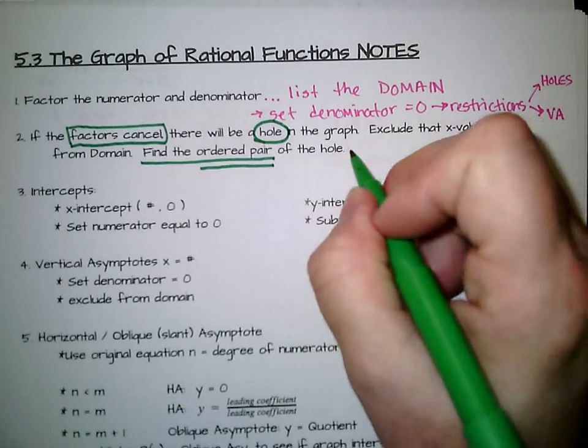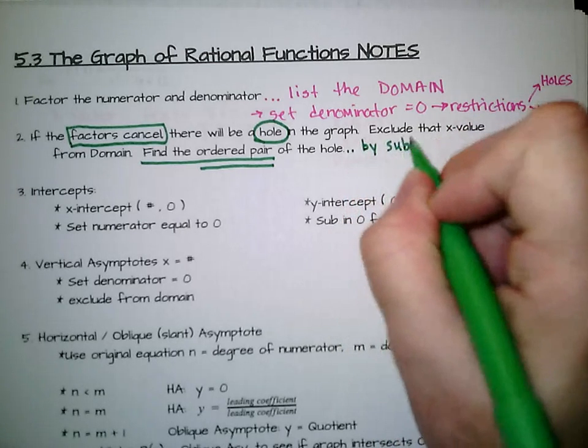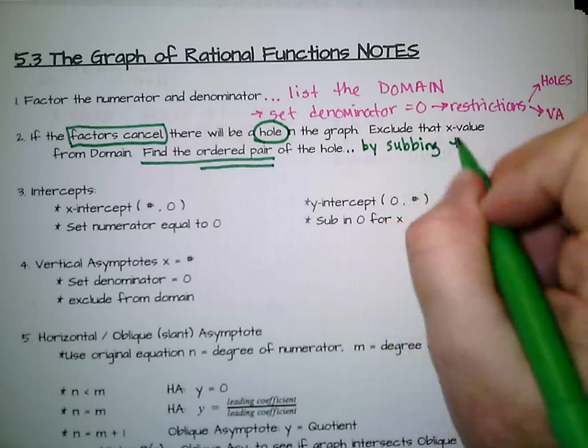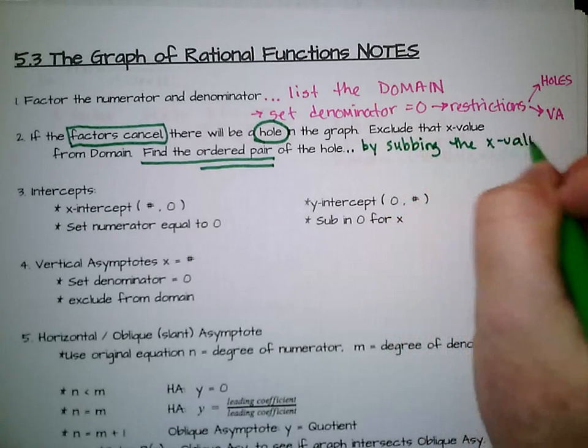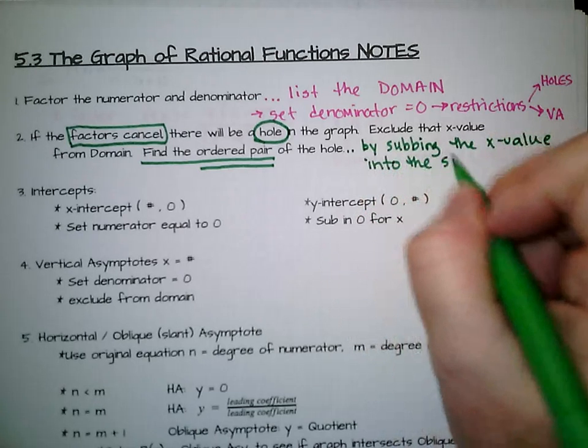So find the ordered pair of the hole, and we're going to do that by subbing the x value into the simplified function.